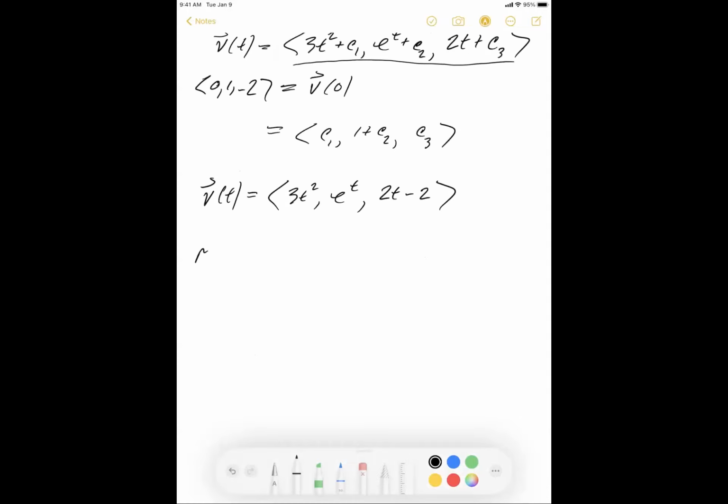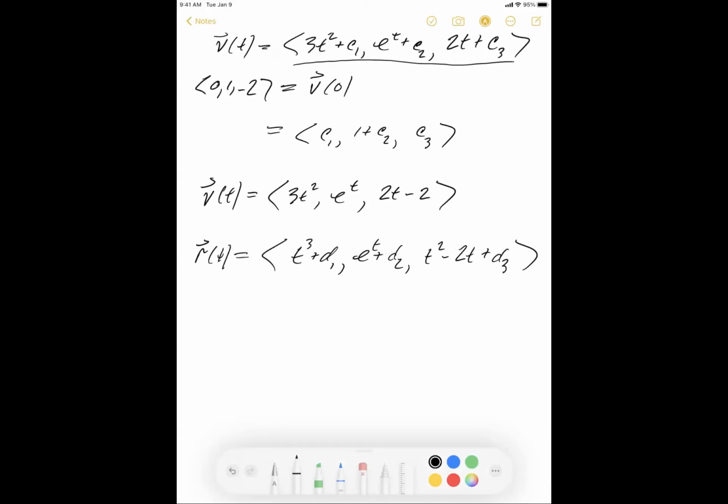Now we want to find r of t. So I need to take another antiderivative, and so we'll get t cubed plus some constant d1, e to the t plus some constant d2, and t squared minus 2t plus d3.